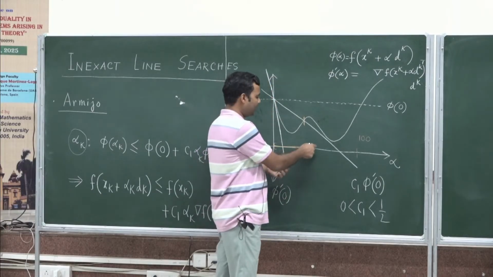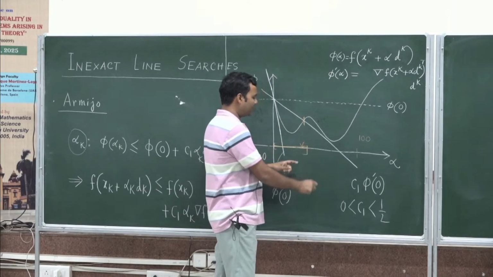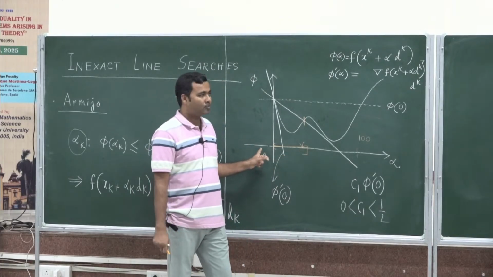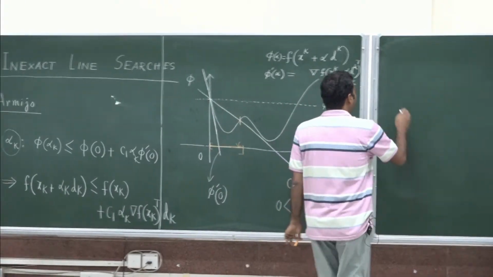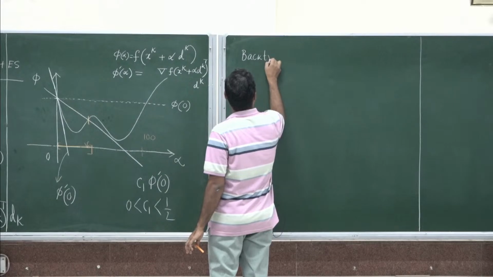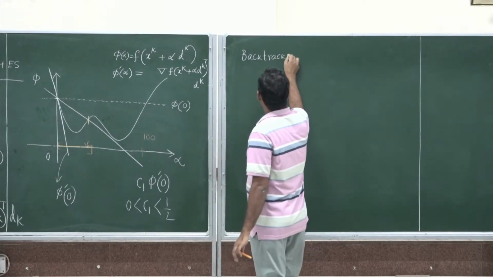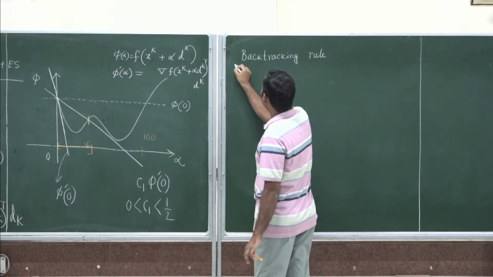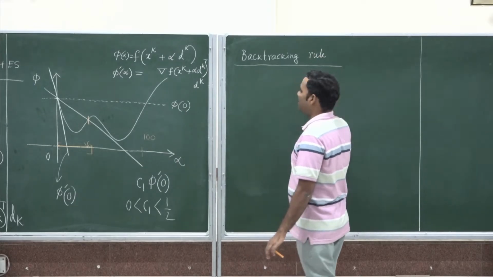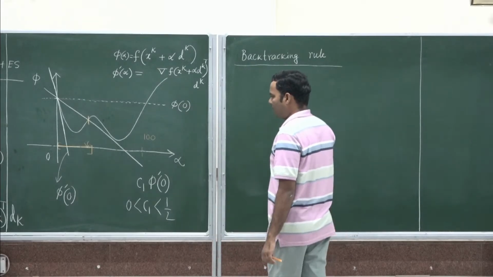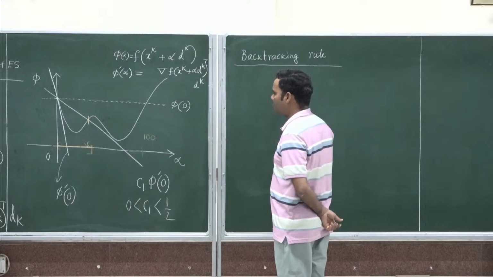Once you reach inside of this region, it will not again be very close to the value 0. So by backtracking we can figure out a particular alpha that satisfies the Armijo rule, and also alpha k is not very small.